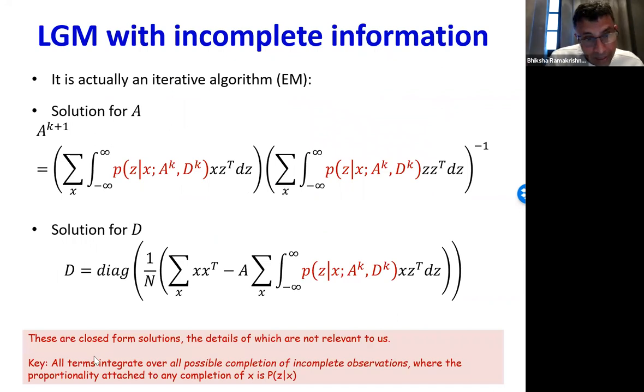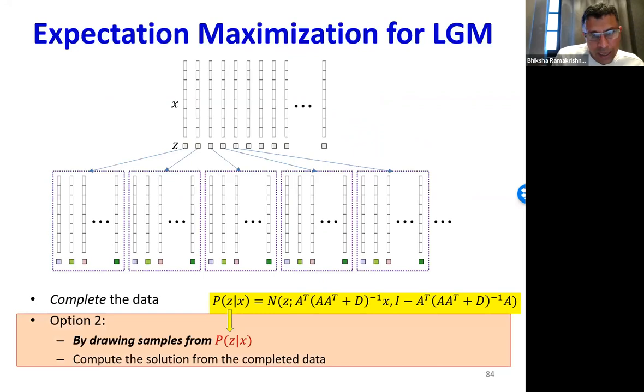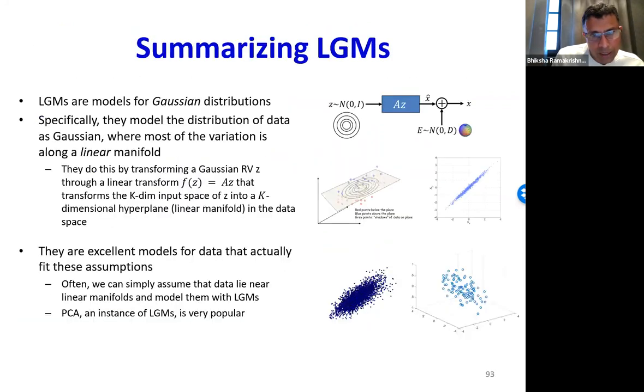These are not relevant. The key point over here is the generative model itself, right? The generative model of this kind had this assumption that the primary information in the data lies close to a linear manifold, and any variations off of that manifold are due to noise.